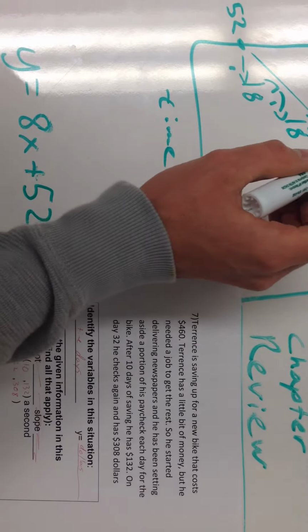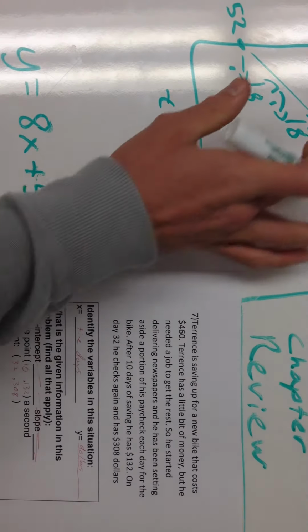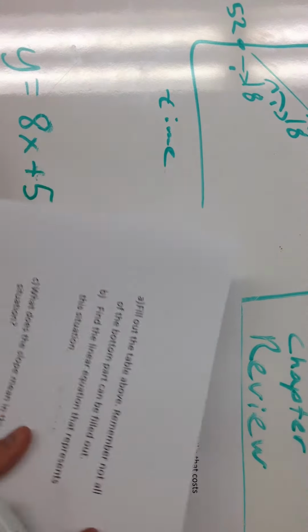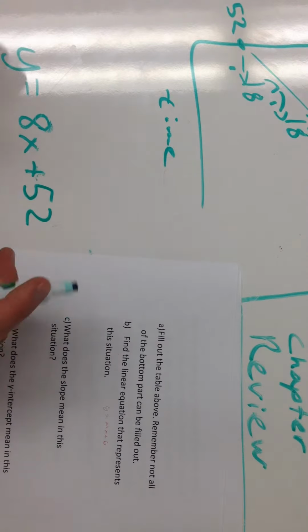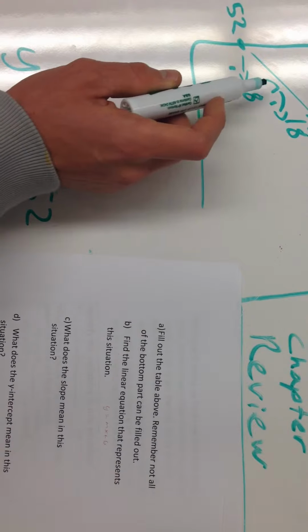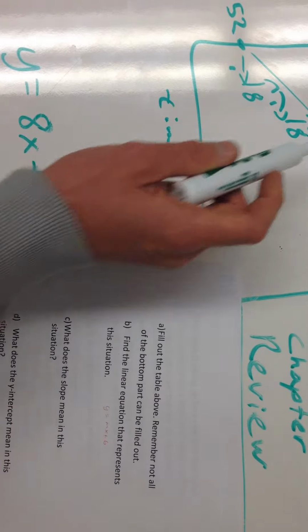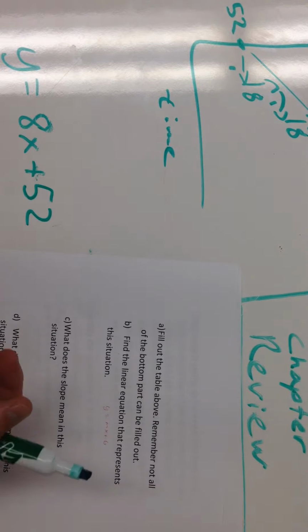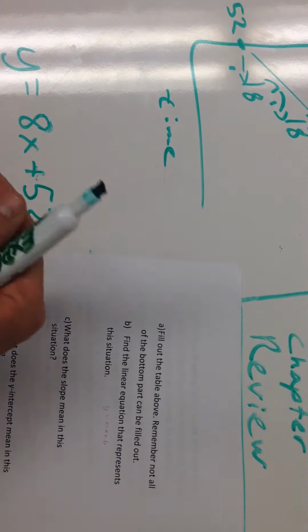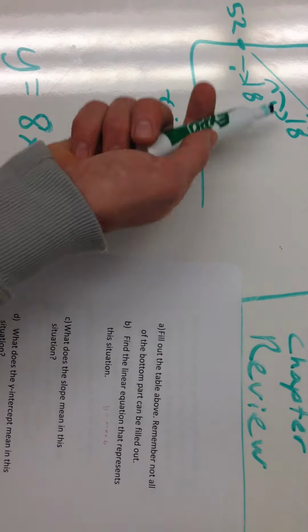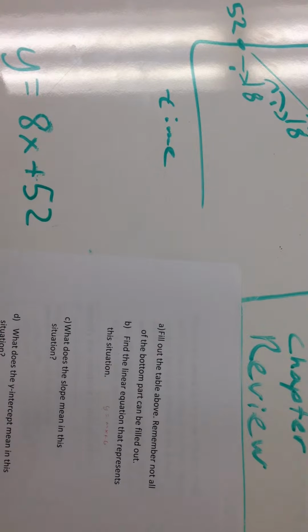So question C says, what does the slope mean in this situation? Well, we're talking about time in days. That means every single day he saves $8 more. Before we reduced that, we had 176 over 22. What that meant is we saved $176 in 22 days. When we reduced it, it became a far more useful number.